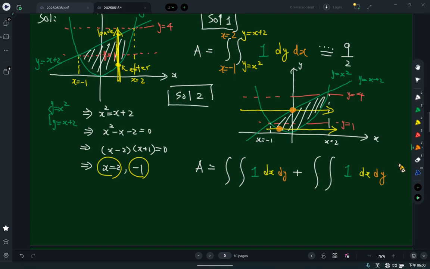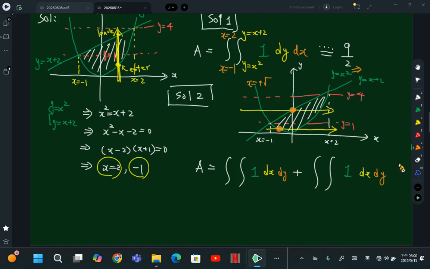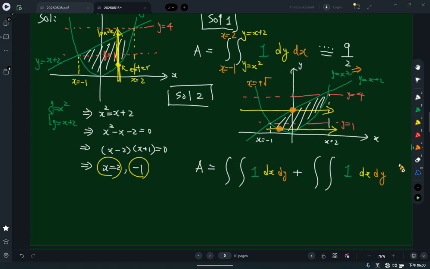We need to change this so that here is s is equal to negative square root of y, and here is s is equal to positive square root of y.